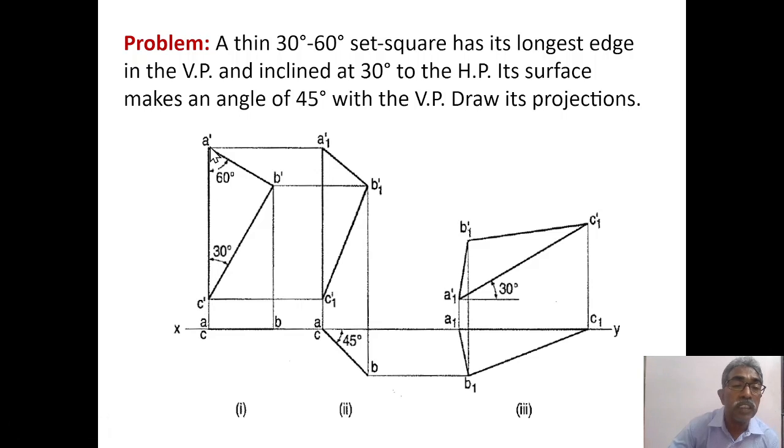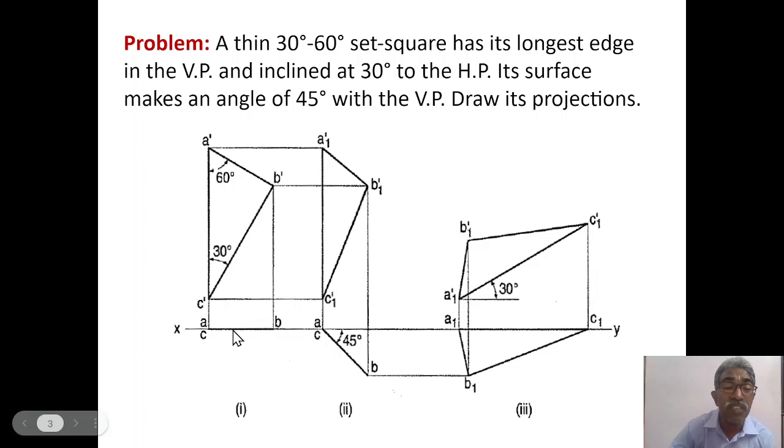Take the longest side perpendicular to the xy. From one end, draw a line making 30 degrees, and from the other end, draw a line making 60 degrees. You will get the required right angle triangle. That is the true shape of the plane. Then project it up to the xy line to get the top view.